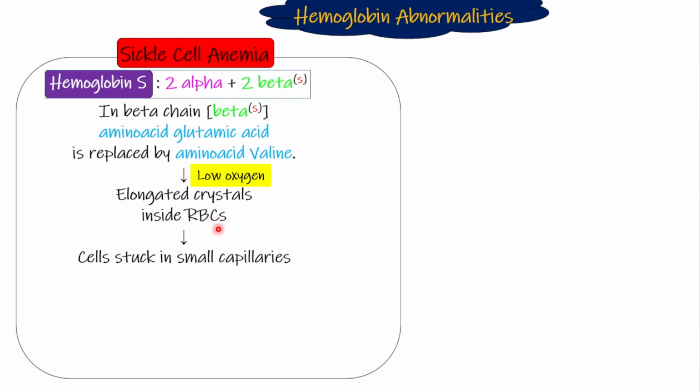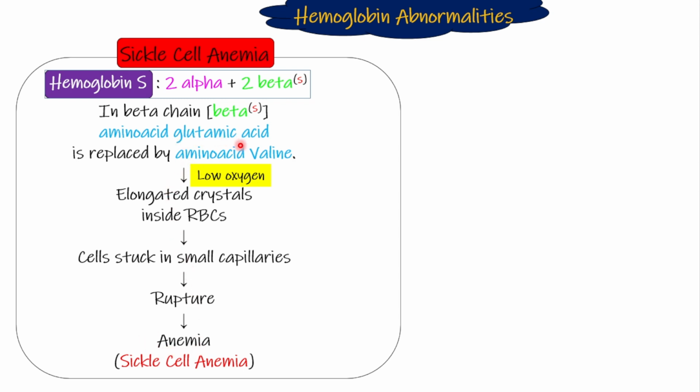And these RBCs are prone to get stuck in the smaller capillaries. And when they get stuck in the smaller capillaries, then these RBCs will rupture and are eaten by the macrophages, giving rise to a decrease in the RBC count, giving rise to anemia. So what is happening?